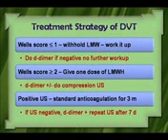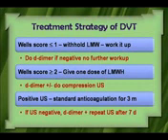But if the Wells score is 2 or more, the probability of DVT is higher, and such a patient, irrespective of the further testing, should immediately receive the benefit of 1 injection of low molecular weight heparin. Then of course we order the D dimer, and the D dimer could be positive or negative.